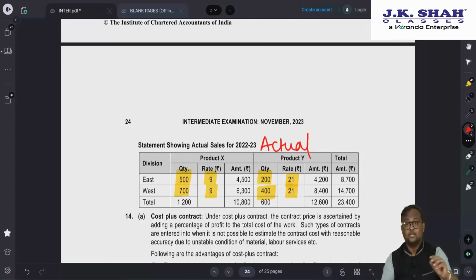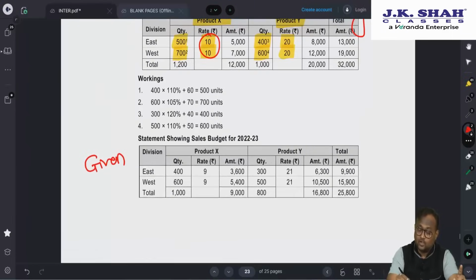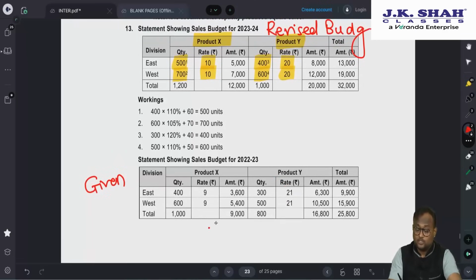You understood this? 9 was your original budget. It will go up to 10. So my revised budget will also have 10. 21 was original budget, revised will be 20. So this was my original budget, answer as per original budget. This is my revised budget, answer as per revised budget.